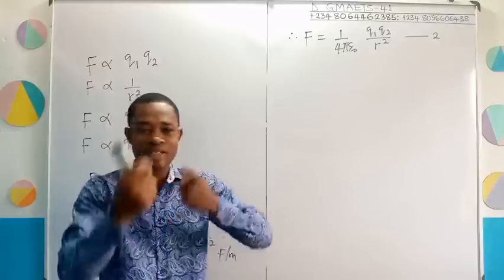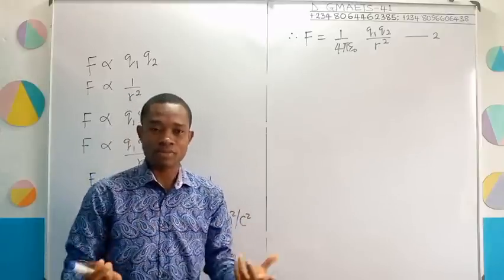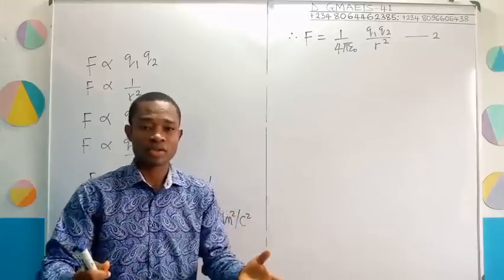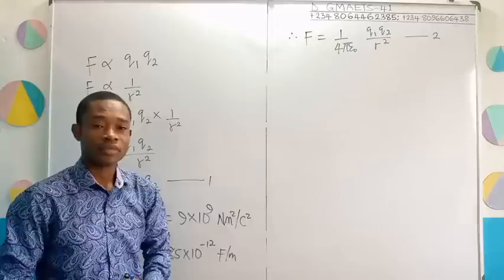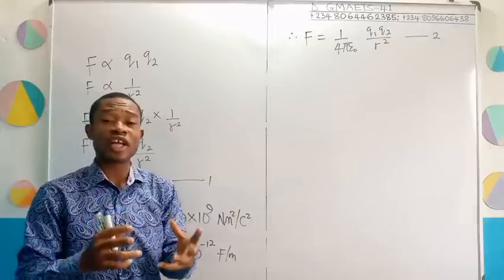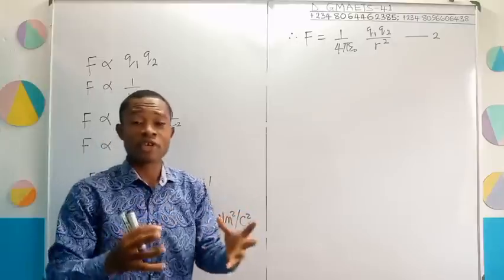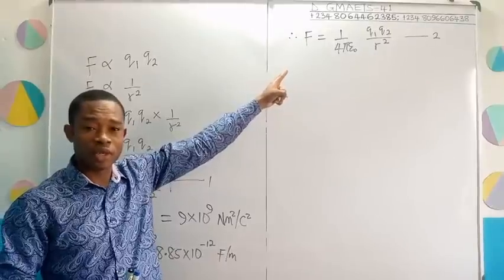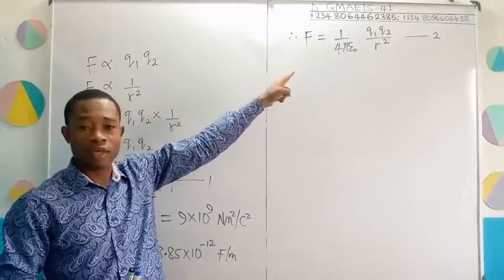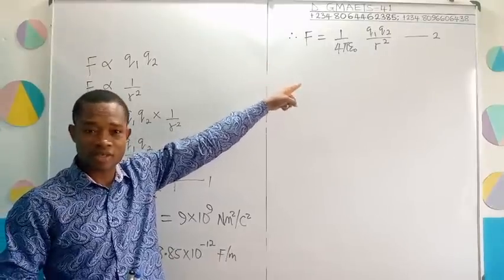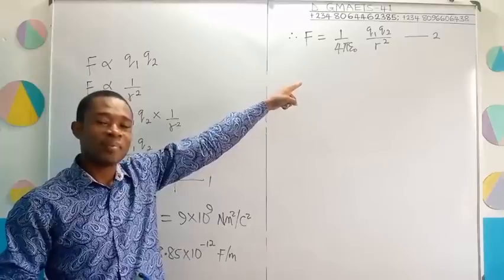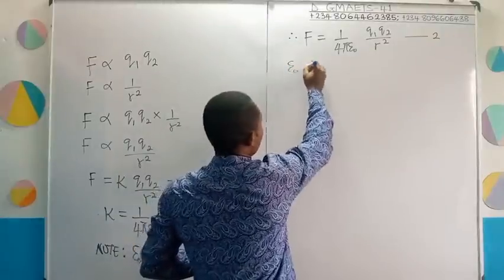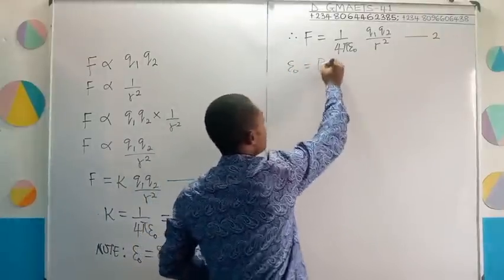Even if there is air, the air is relatively negligible. Is that okay? So just assume a no air condition, vacuum. So if you place these two charges in vacuum, in free space, the electrostatic force between the two charges is going to be 1 over 4 pi epsilon naught, that is permittivity of free space. I'm stressing that. Permittivity of what? Free space. In fact, let me indicate it. Epsilon naught is equal to permittivity of free space.